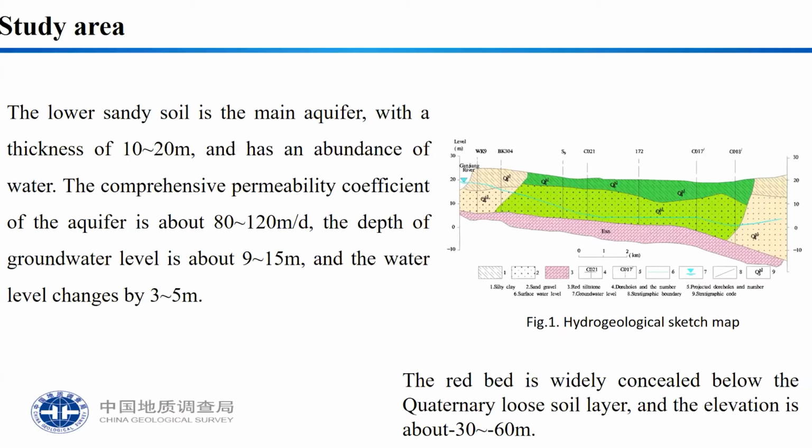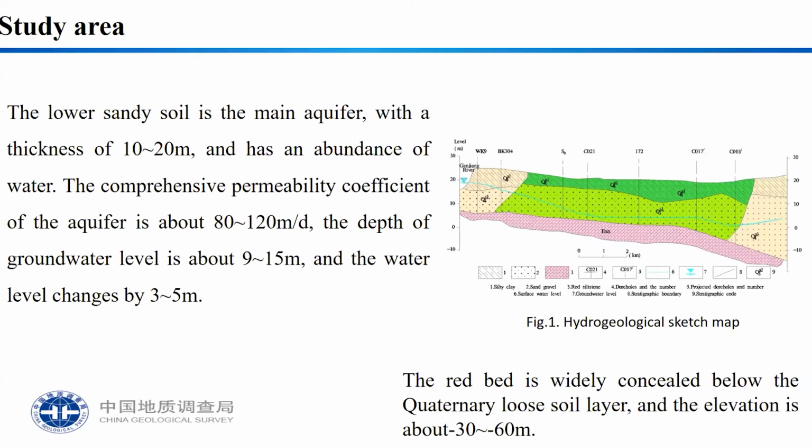The clay layer is widely distributed in the area with a thickness of 20 to 30 meters. The groundwater is mainly loose pore water. Most aquifers are of binary structure.